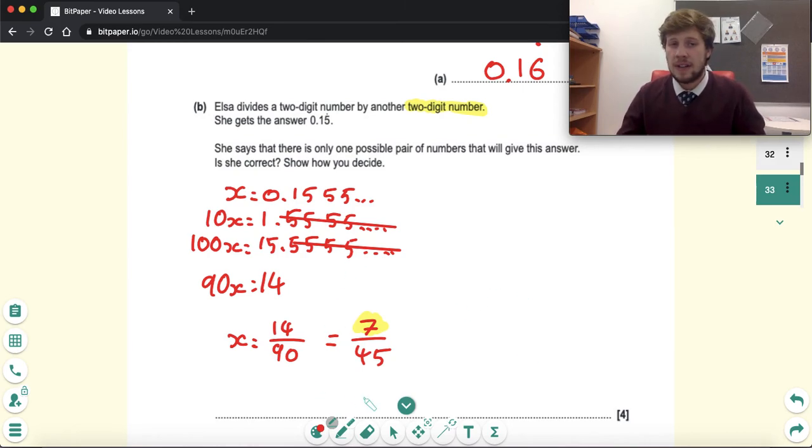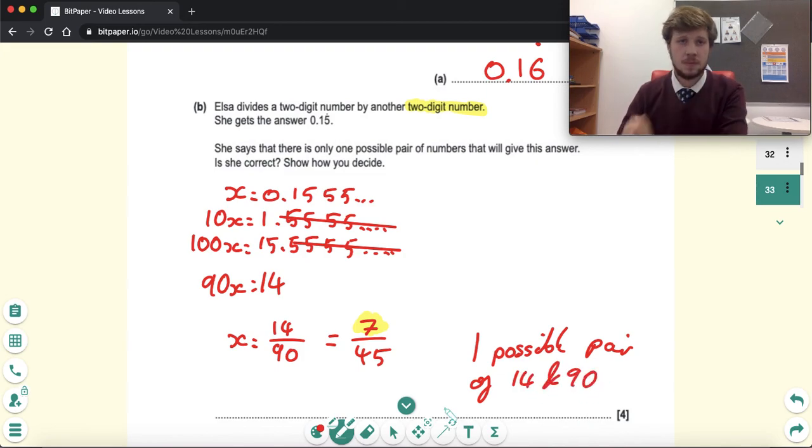So therefore, there is only one possible pair, and it would be 14 and 90. So she would be correct. And it's that distinction that the 7, the numerator, is not a 2-digit number.